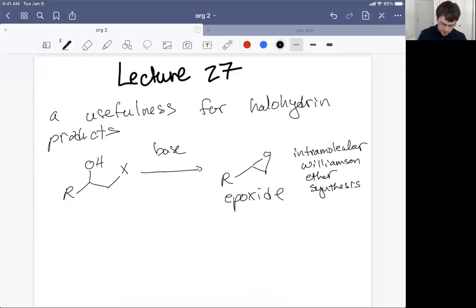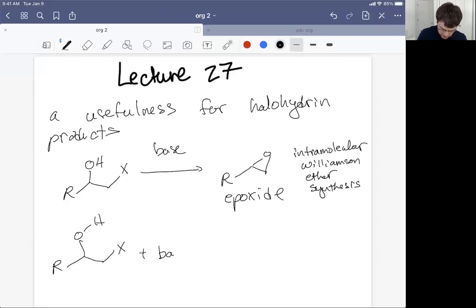Namely, if we look at the mechanism for this, what we're doing here is we're treating this with some sort of base minus. I'm just going to redraw this down here, because I want to stretch out the oxygen-hydrogen bond.